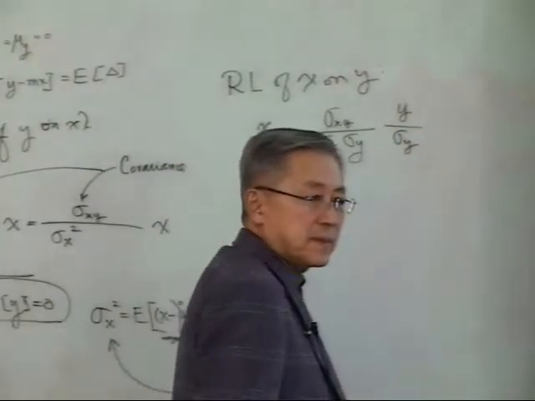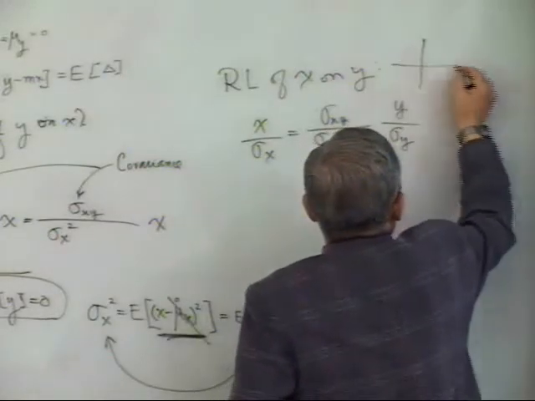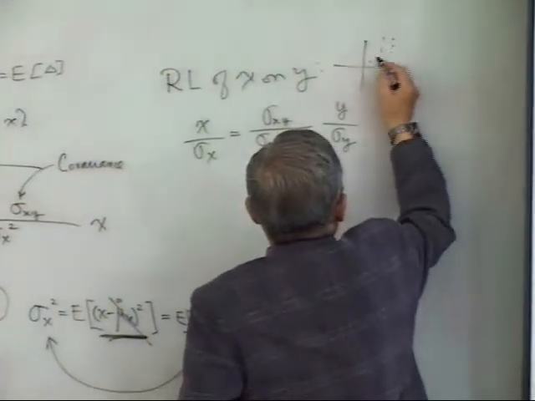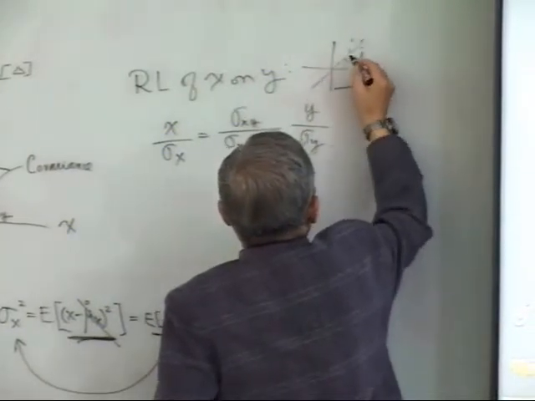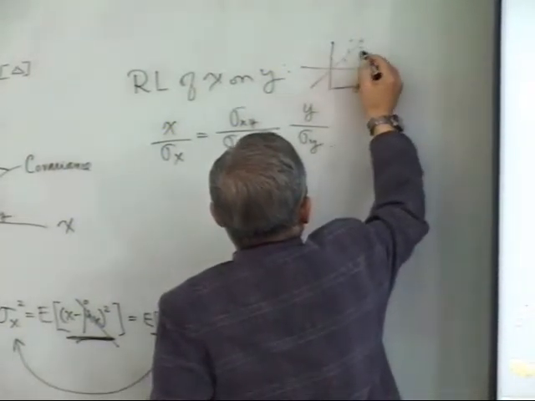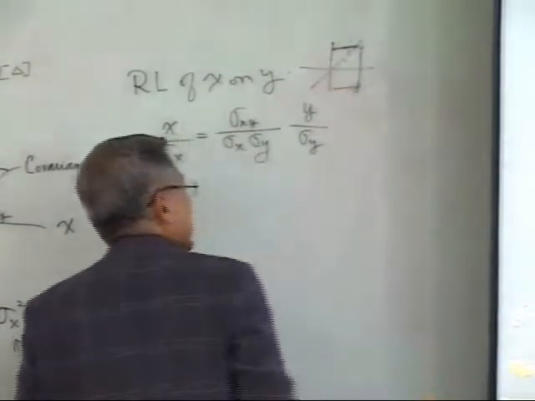This is a regression line, which means you are talking about the measured data, not vertical.